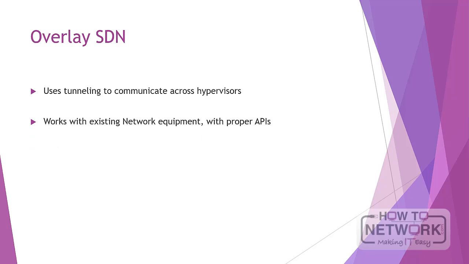It works with existing network equipment as long as the software has the proper APIs to be programmed centrally. And then the overlay is what we call the abstracted tunnel path, which is defined by software. Remember, software here can define traffic flows that probably were not even possible in traditional networking. Now everything is managed by software, so it's possible. But in Overlay SDN, you need tunnels to achieve that.